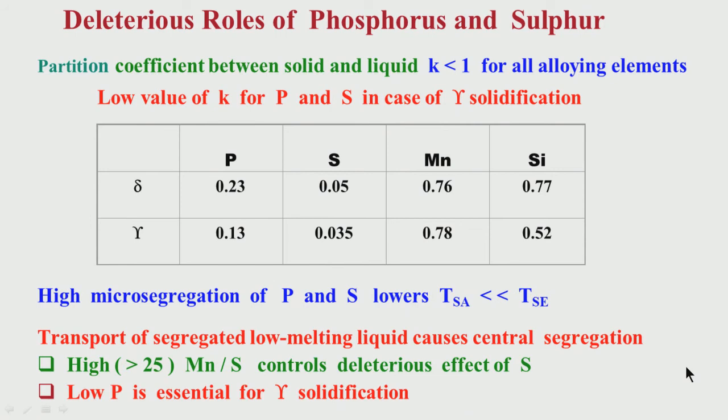If you have 0.2 sulfur, manganese has to be more than 0.5 in the steel. This is from the point of view of taking care of the deleterious effect of sulfur in causing high level of segregation, in causing incipient fusion, in causing low melting constituent of iron sulfide. These have to be taken care of by putting relatively more manganese in steel.